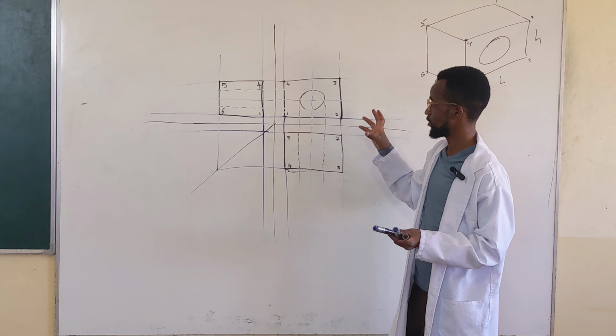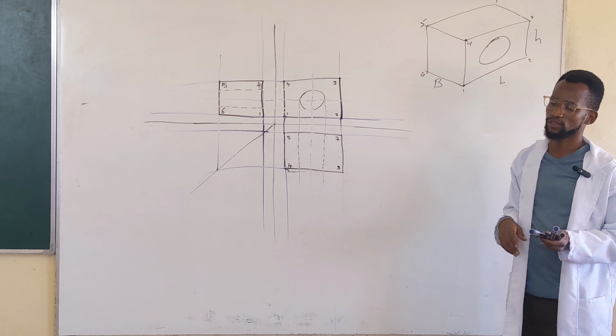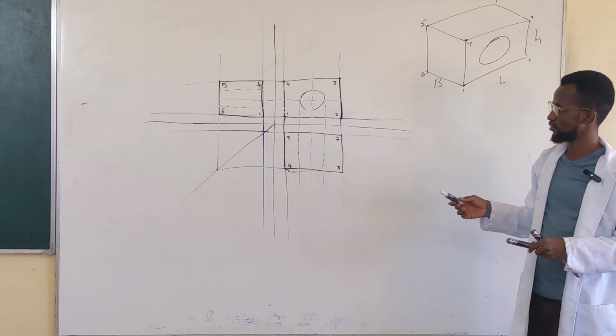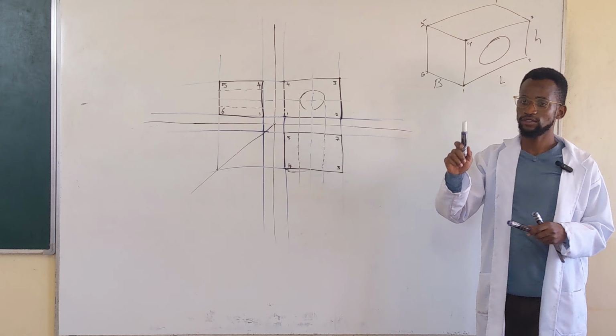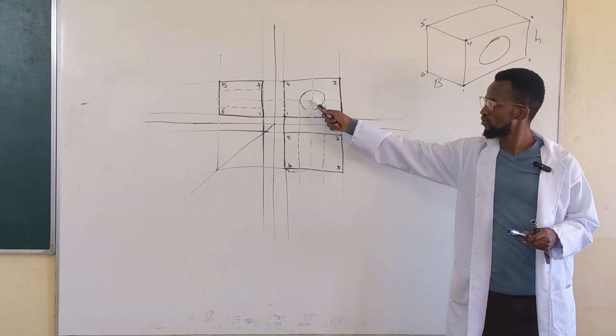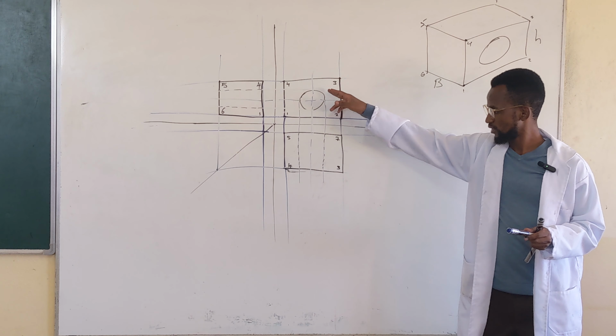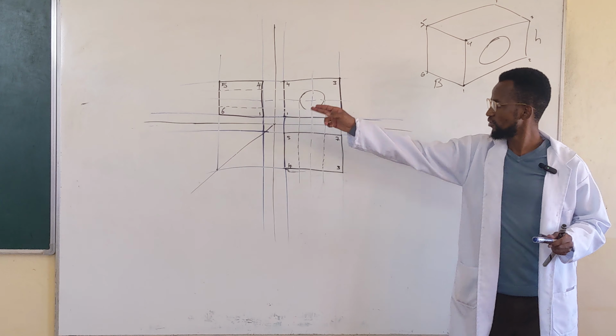Each detail that is there has to be projected, so each point. A circle will always have 1, 2, 3, 4, 5 points. All the points have to be projected. So these ones they have to come, those they have to go.